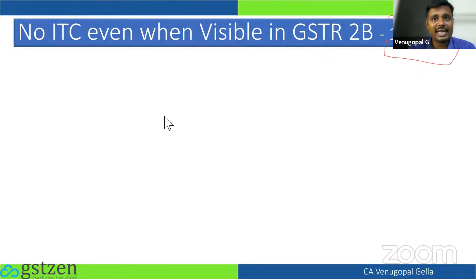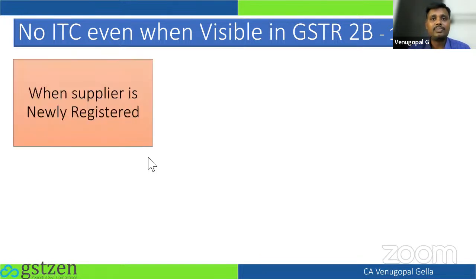The last Finance Act has amended section 38 and they said you will not get input tax credit if you are buying from a supplier who is newly registered. You have purchased, the supplier has filed GSTR1 within the due date, and it is visible in GSTR2B. Still, if you are making purchases from such suppliers, you will not be getting input tax credit.